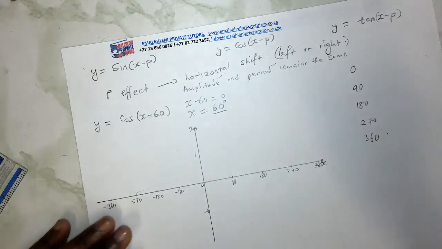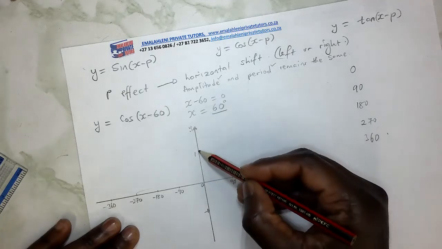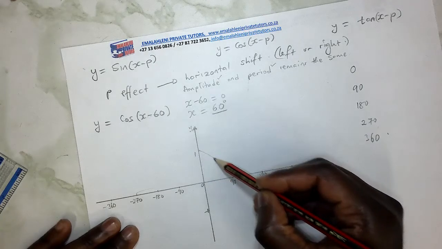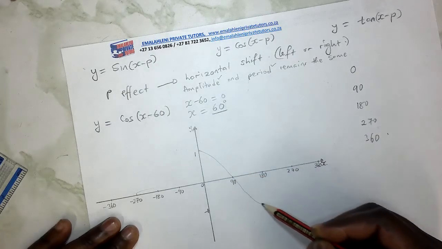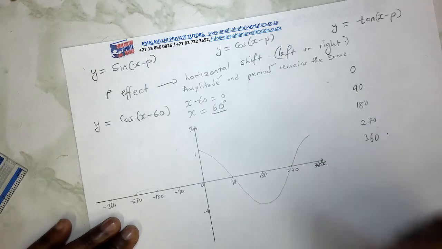So here, where we used to get 1, let's draw our normal graph for cos. It comes here, comes negative, comes there, then it comes there. But now let's see what we're having.